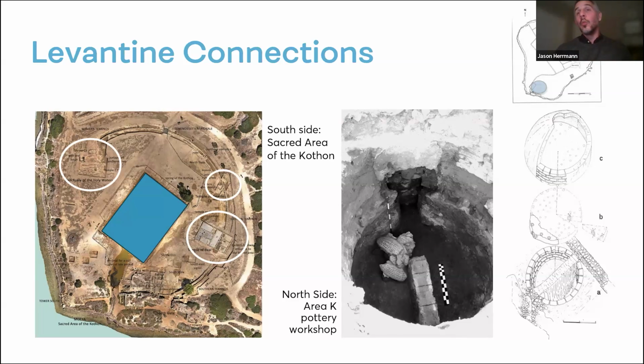We can see very strong connections between the people who occupied Motya and their forebears from the Levant, in the establishment of temples that resemble the temples of their ancestors from modern-day Lebanon and Israel.